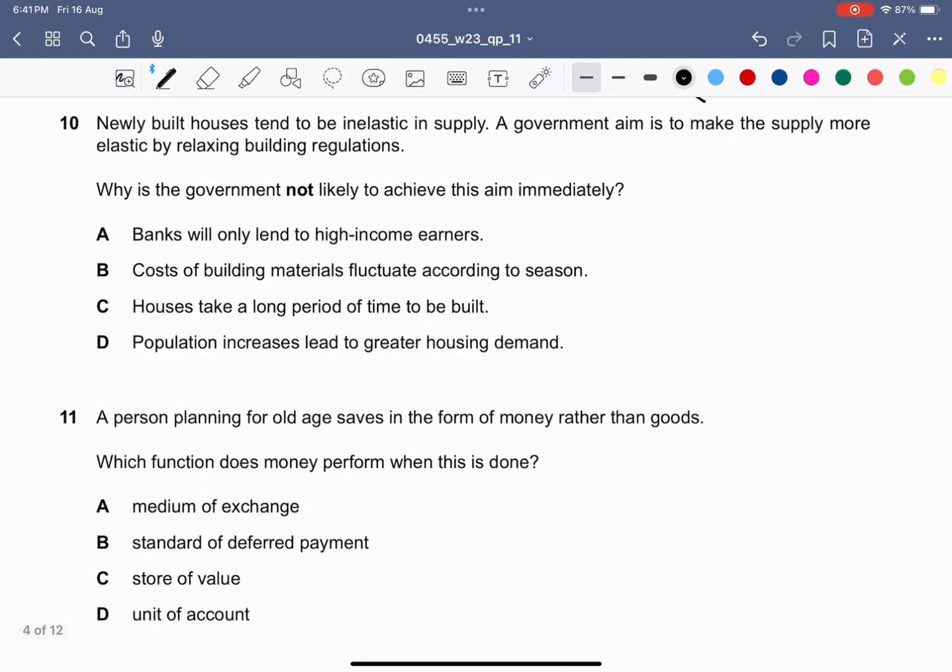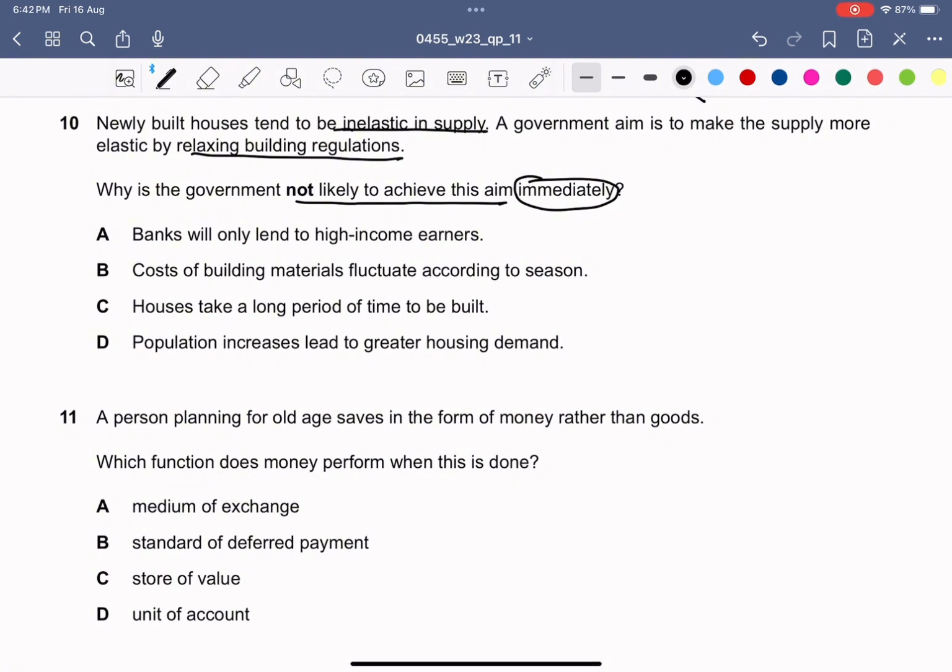Question 10. Newly built houses tend to be inelastic in supply. A government aim is to make the supply more elastic by relaxing building regulations. Why is the government not likely to achieve this aim immediately? Immediately is the keyword. So first, we need to highlight the keywords.